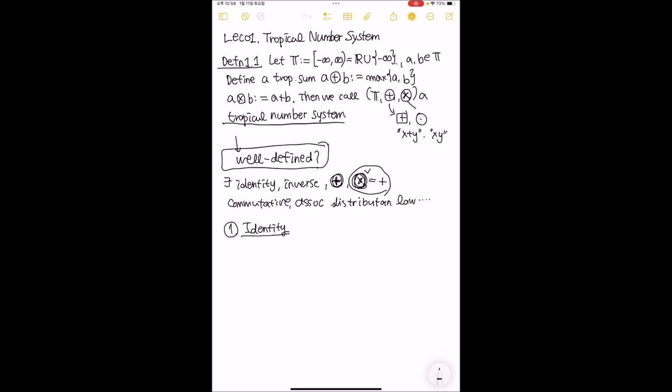For example, what is the identity? In the case of a group system, if an operation is given, if this relation holds for every A in G, we call E an identity.